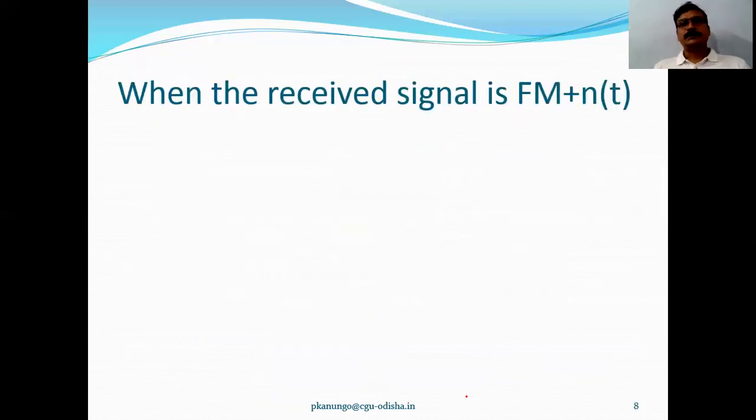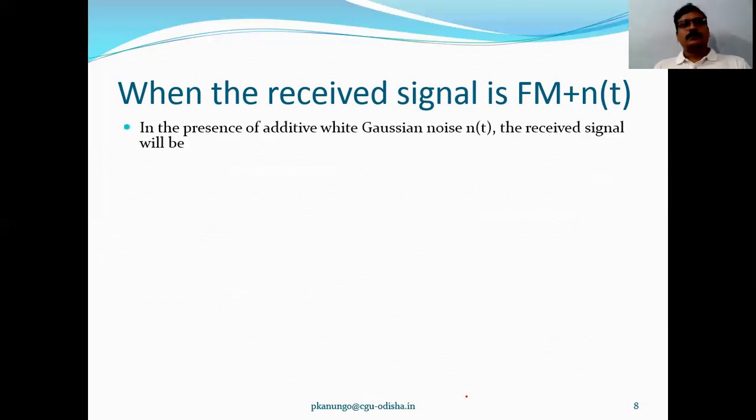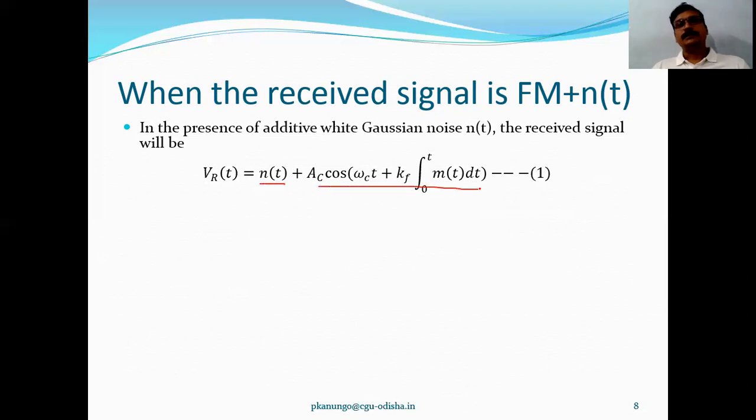When the received signal is FM plus noise, that is, a noise mixed FM signal, in the presence of additive white Gaussian noise, this noise term will be added. So the signal is the FM signal plus the noise term n(t). So now what will happen?